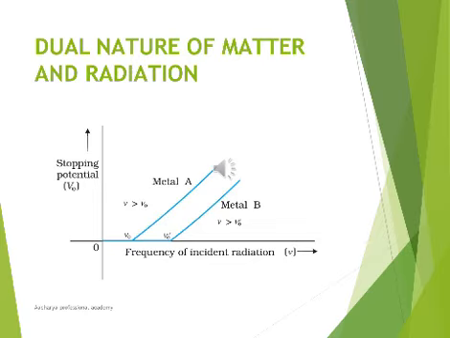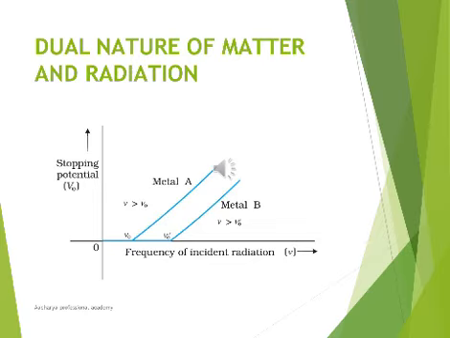Similarly, for the metal B, consider the threshold frequency nu naught dash. Till the threshold frequency, the photocurrent is 0. Only when the frequency of the incident radiation is above the threshold frequency is there photoelectric emission.